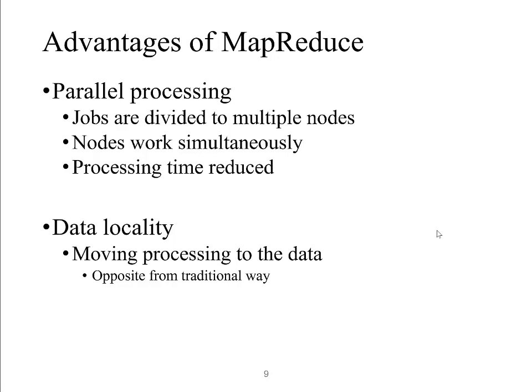In the traditional system, we used to bring data to the processing unit and process it. But when the data grew and became very huge, bringing this huge amount of data to a processing unit brings a couple of issues. For example, moving huge data to a processing unit is costly because of the network communication.